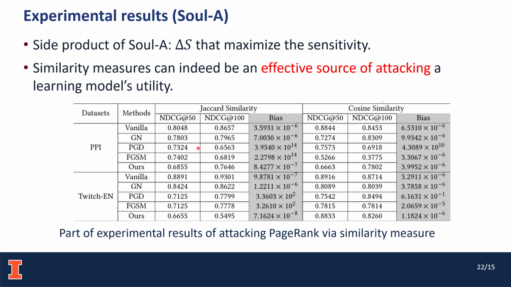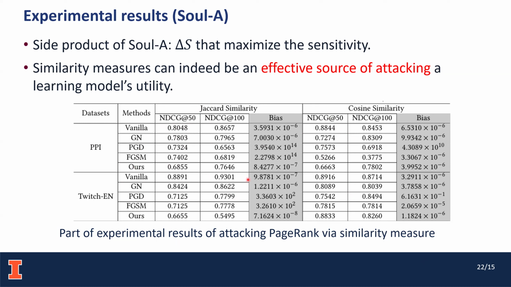Our attacking method does not achieve the best attack performance in all cases, but we have good performance on several terms, like under the Jaccard similarity for the two data sets.